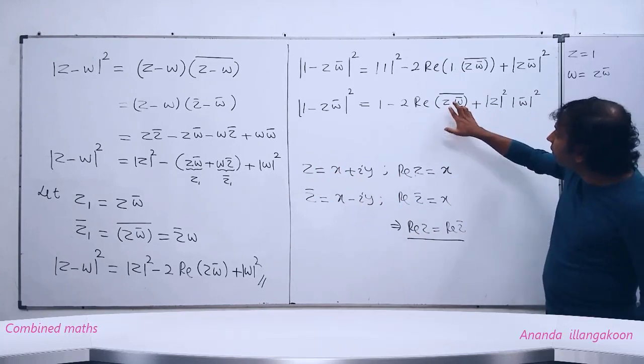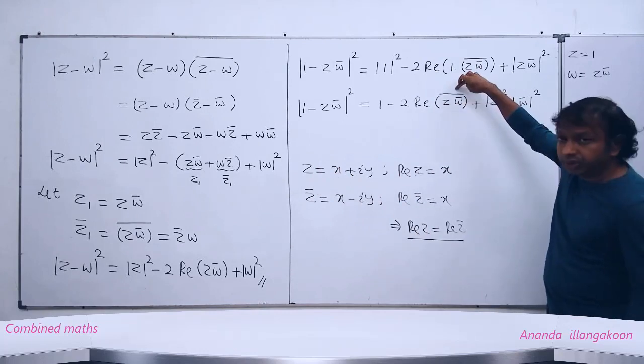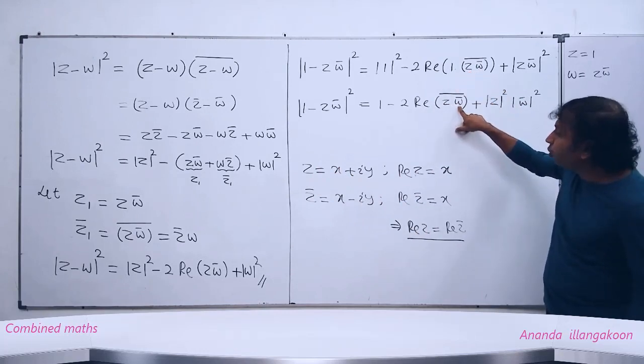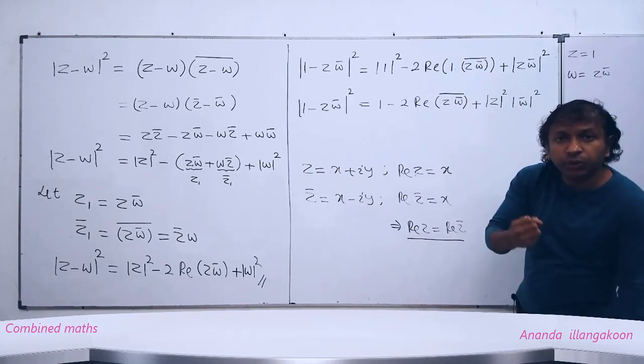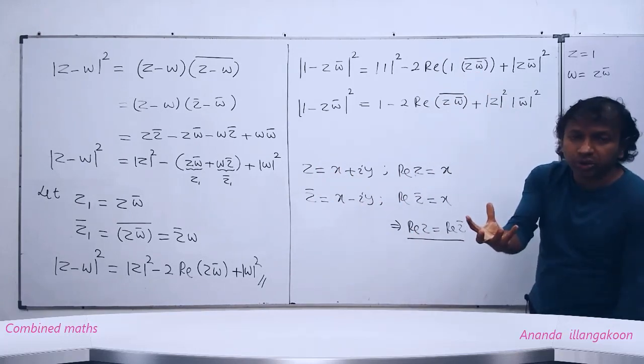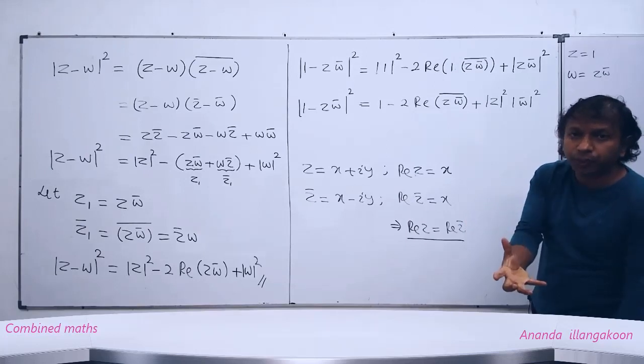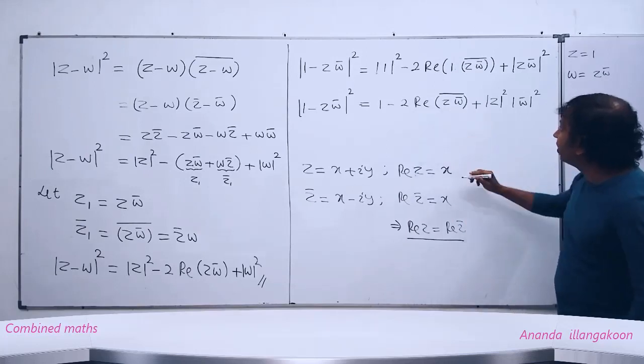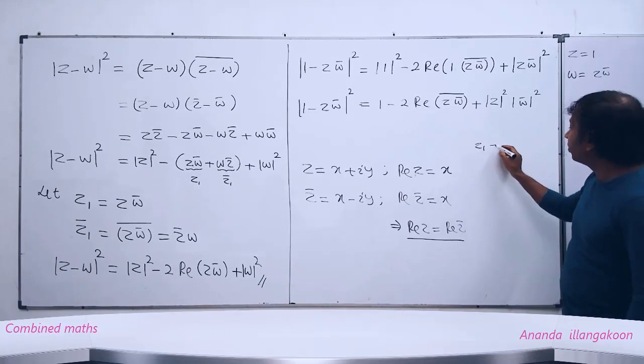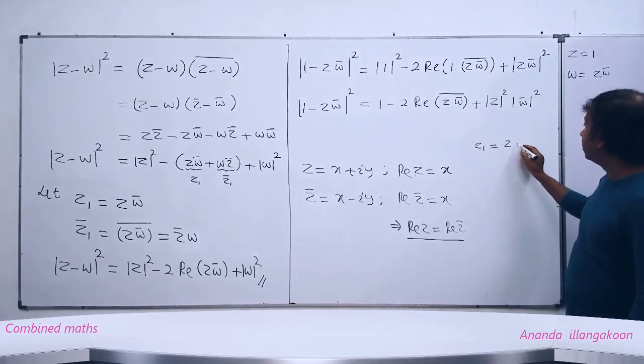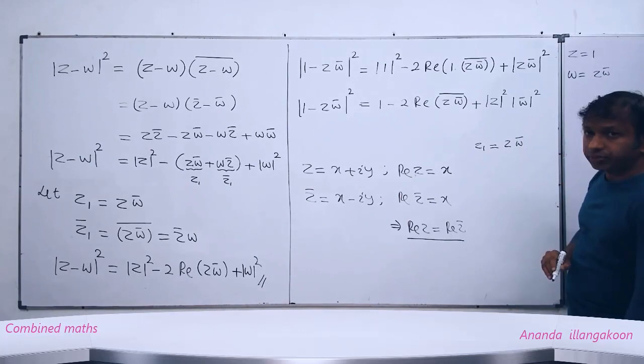Since here we also have real part of Z W bar conjugate. You know Z and W bar when you multiply, you get a single complex number. Why? You know the product of any two complex numbers is another complex number. Then I can consider this as Z1. What? Z1 is this Z W bar.